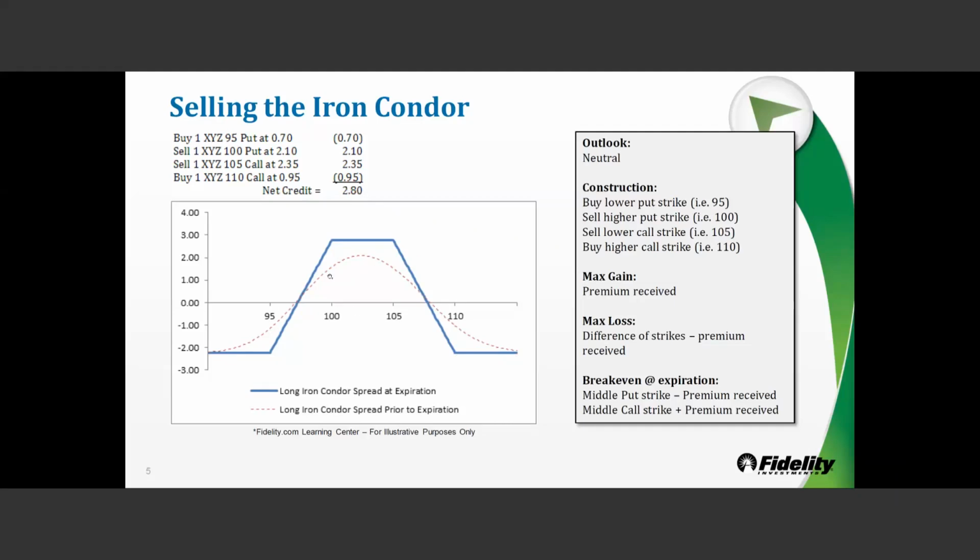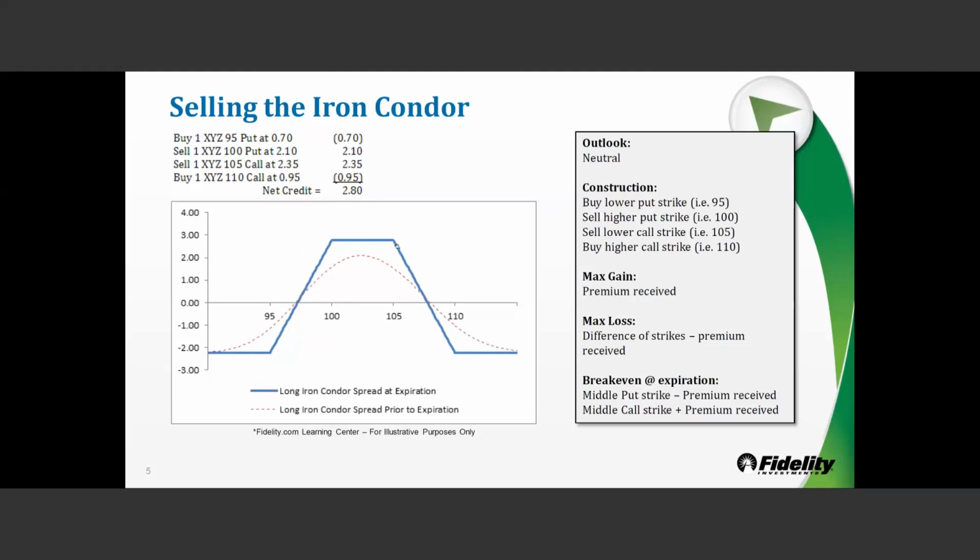But if the price stays between 100 and 105, this $5 spread here, you get to keep the $2.80 for yourself on the expiration date. That is the concept of the iron condor. You always sell an iron condor, and when you sell an iron condor, you are getting a premium on a bull put, which is on this side between 95 and 100, and a bear call, which is between 105 and 110.